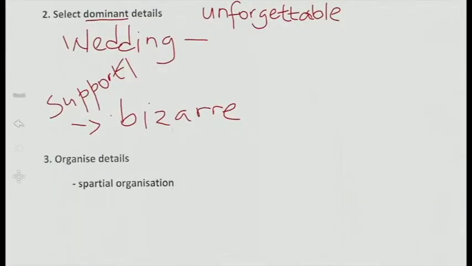Maybe to make another example in illustration of that, let's say you are to write a composition, or rather you are to describe a bizarre incident. The dominant details that we will be looking for are the details that make that incident bizarre. All right.